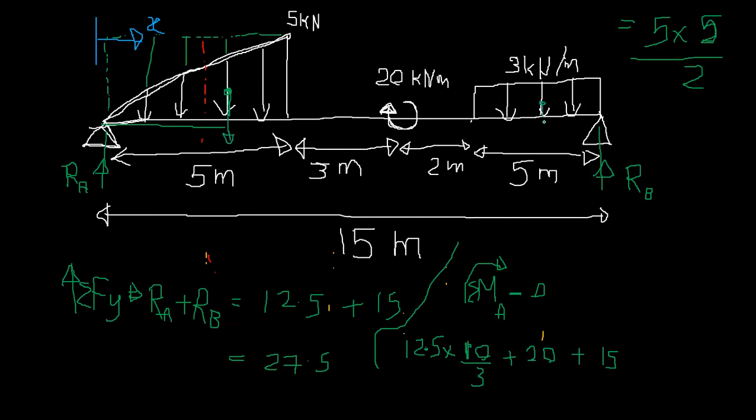This total force acts 2.5 from this point, right? 2.5 plus 5 plus 3 plus 2 means 10. So that's going to be 12.5. Equals RB into how much? 15, right?